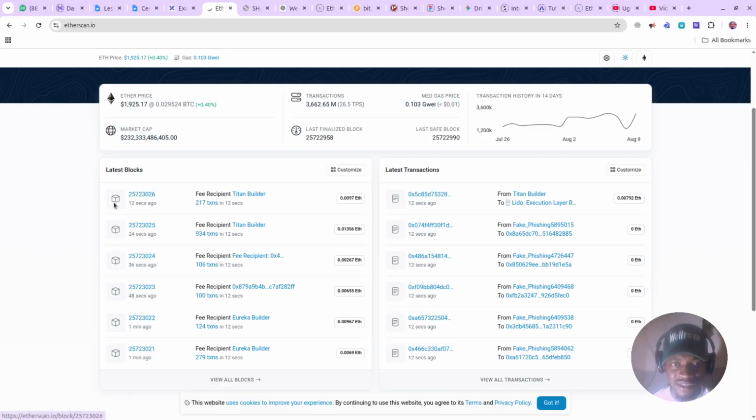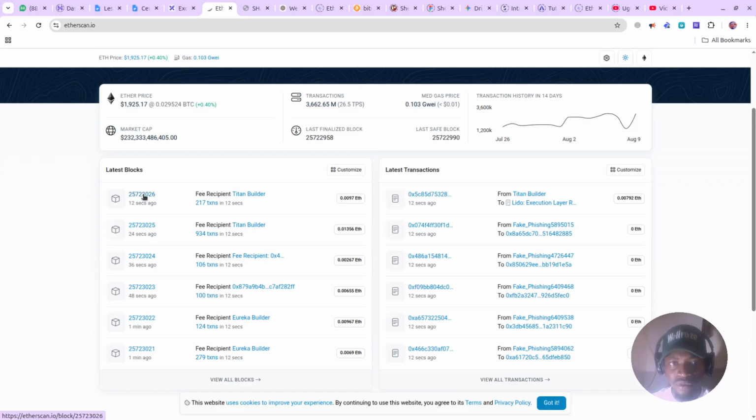You can see this is the block. How many is this? 25,723,026 block. You can see the amount of blocks that have been generated as at this time. If I refresh it again, it will update, because it updates every 12 seconds.